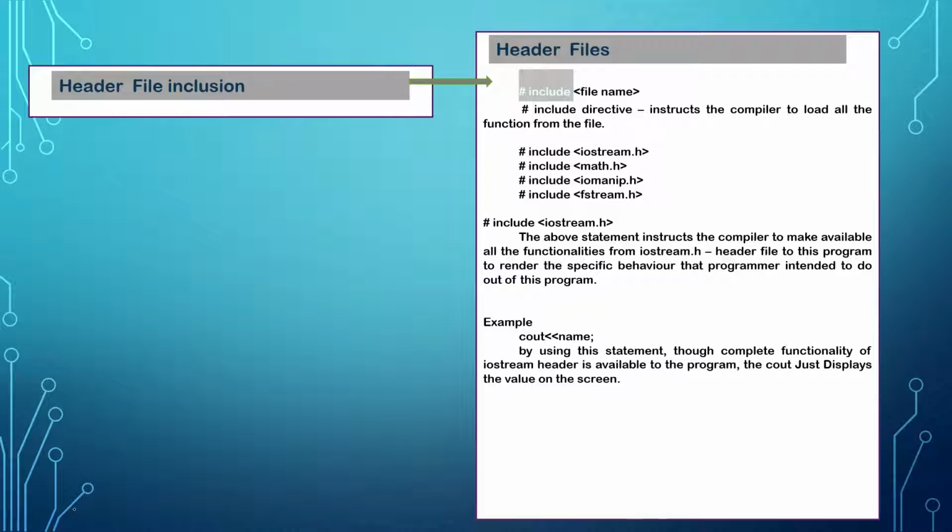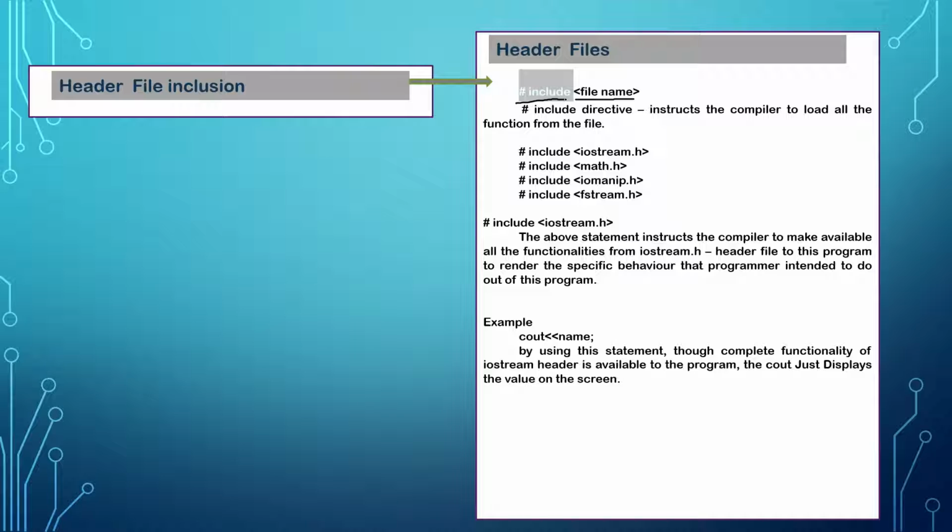file. Typically, when we write a program, most of the definitions we use are not written by us. For example, the implementation of cin, cout, power, square root. All those functions are already written and stored in the standard C++ library. So we can make use of those functionalities in our code by just giving a file name in hash include.